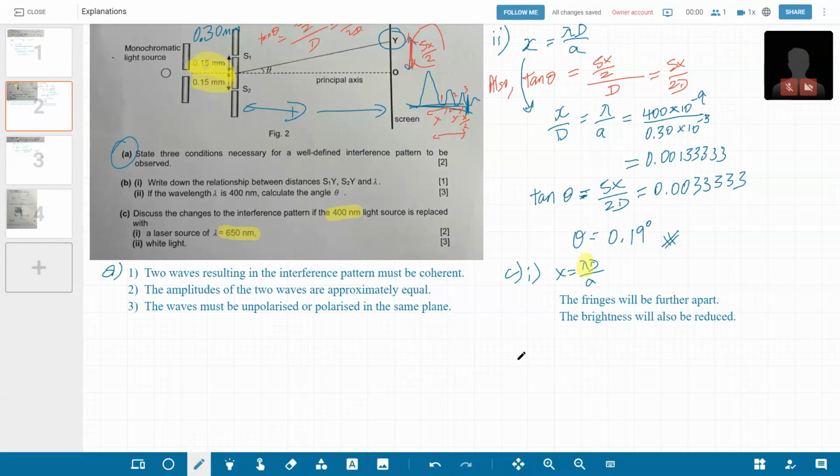Okay. Now, number 2, white light. White light consists of different frequencies. Okay, so, okay, let me see. C part 1, I think you may also need to.